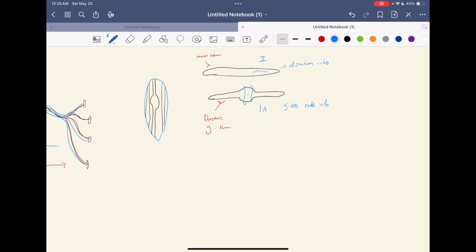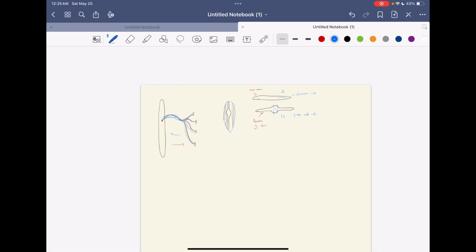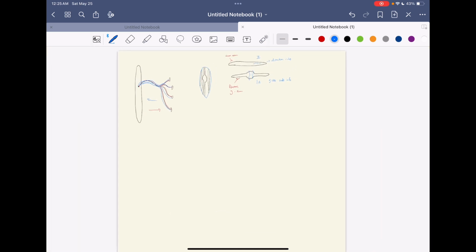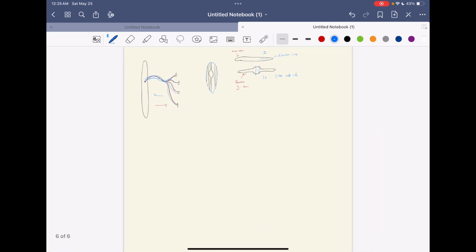And then after we have these, it sends the signals back into our spinal cord. So let me draw what a spinal cord looks like. Just 1 second. Okay.